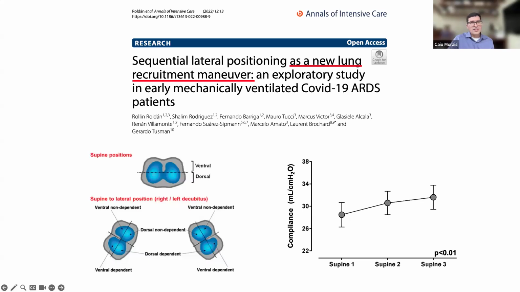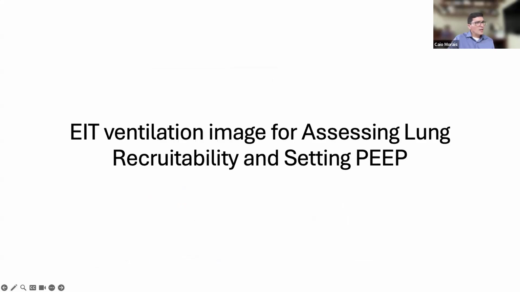This approach was tested recently by a colleague from Peru, Colin Rodan, who applied sequential body positioning to the right and left side in patients with COVID-ARDS, and he found that respiratory system compliance and regional mechanics improved after this intervention.